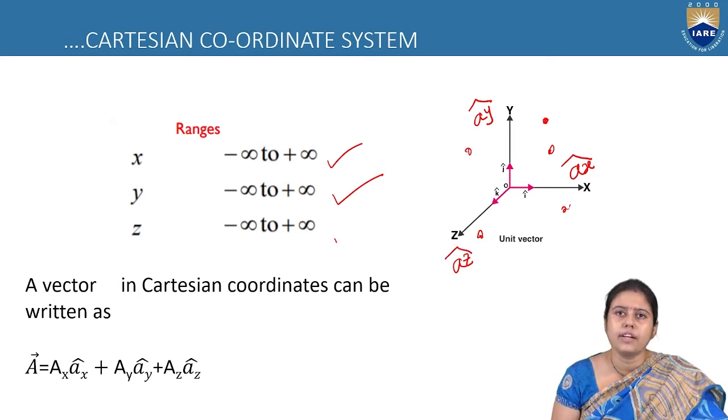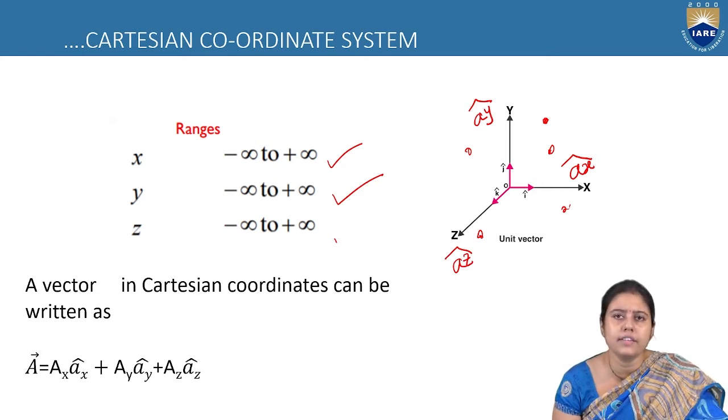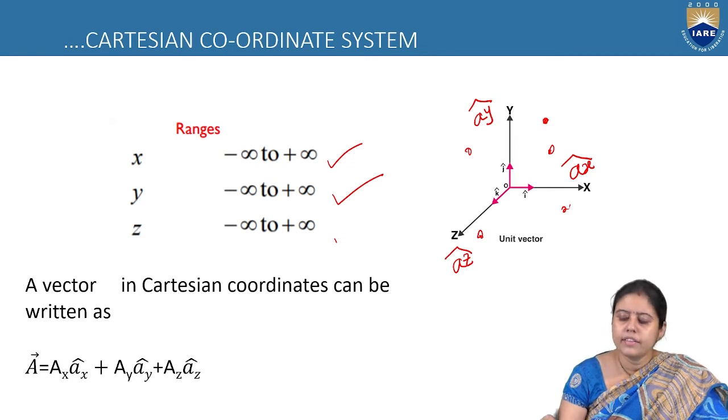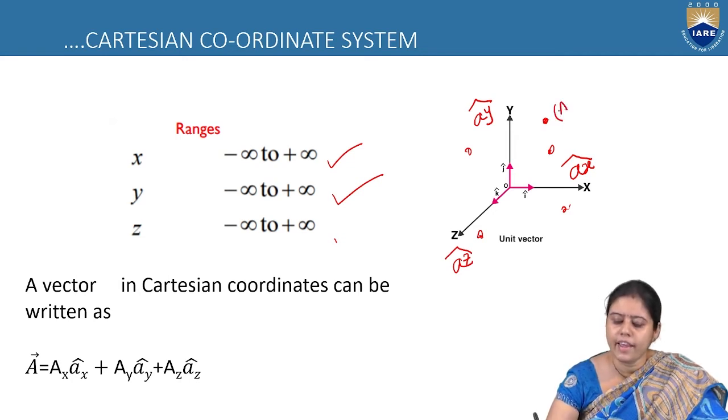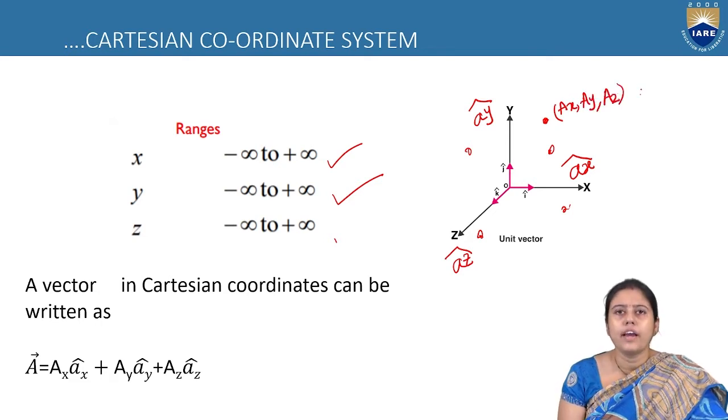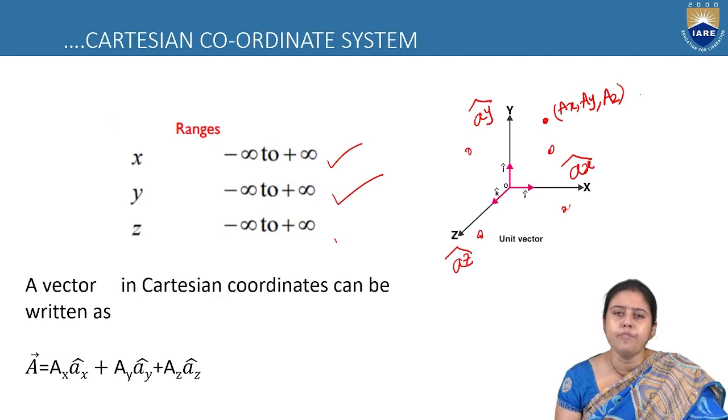So we have three axes: along x, ax; along y, ay; along z, az. If a point has the coordinates ax, ay, az, we write it as ax hat, ay hat, az hat. Generally, a unit vector is written as a small letter with a cap on its head.